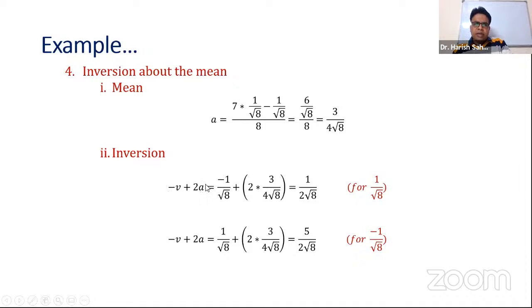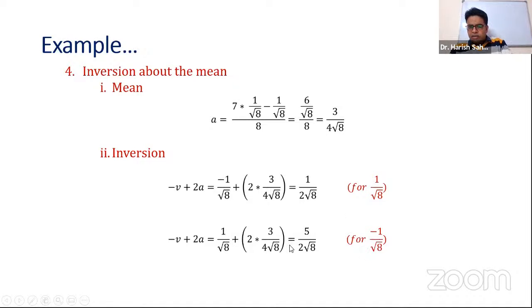And that is done by minus v plus 2a, where a is our mean or average amplitude. For all the states which are not desired, the value of v is 1 by root 8. If we compute minus v plus 2a, it will come to 1 by 2 square root of 8 for those states which are not desired.